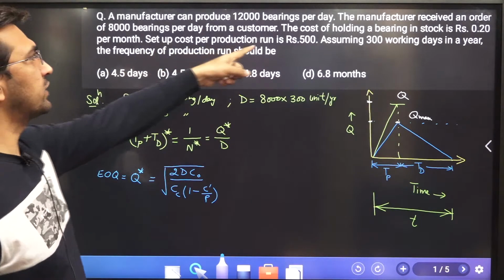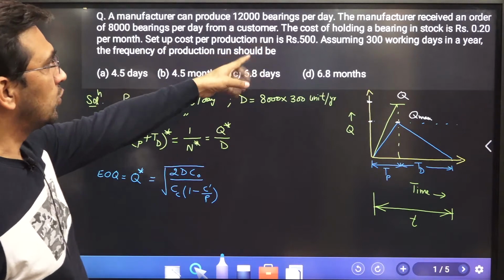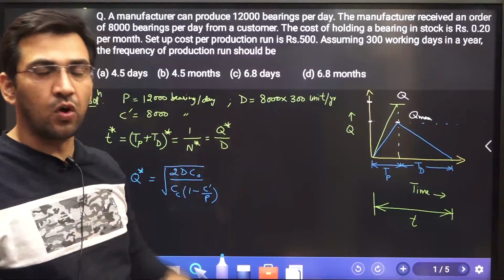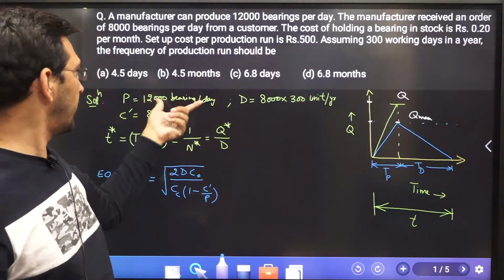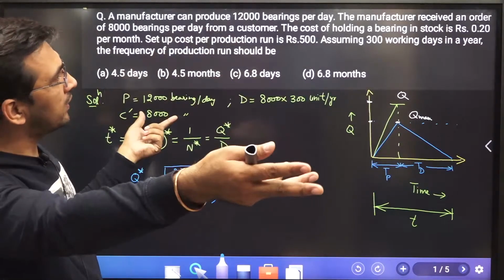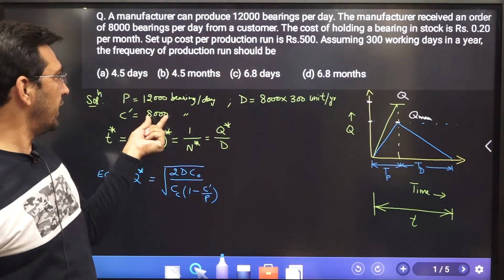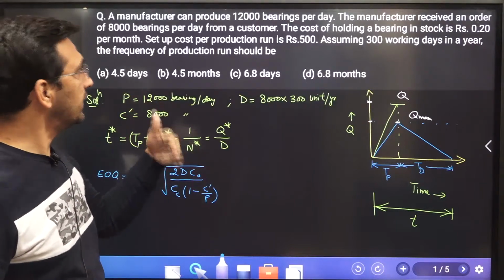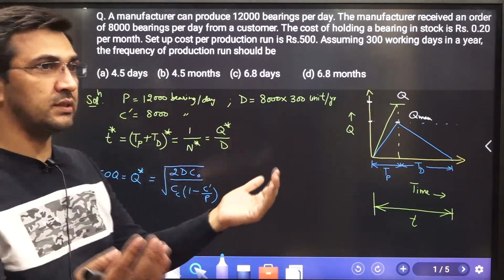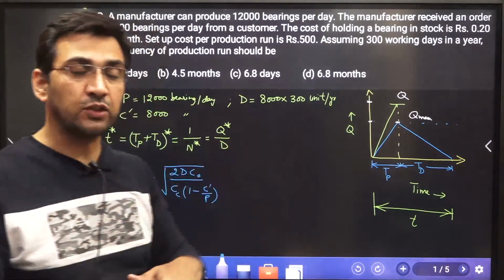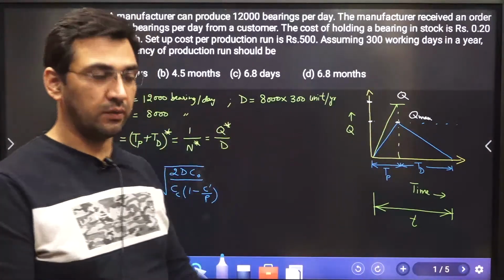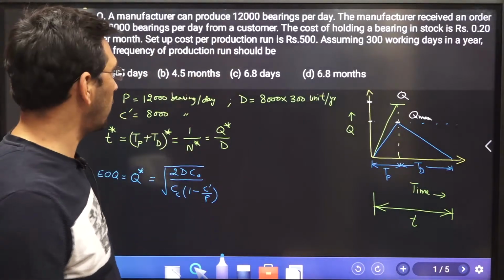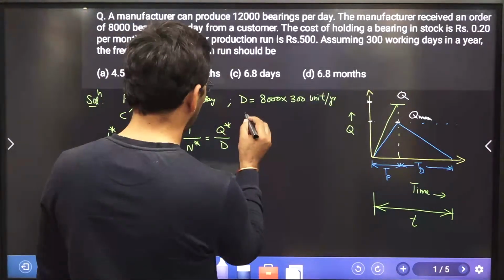The setup cost per production run is this much, right? So as you know, since the manufacturer is producing the bearings at his own end, he is producing at this rate, and basically he is dispatching 8,000 bearings per day. So how much is left out? That means 4,000 is getting left out at his end. Since he's producing at his own end, and maybe consuming in his plant only, in that case we use the term setup cost, but that setup cost is the ordering cost only.